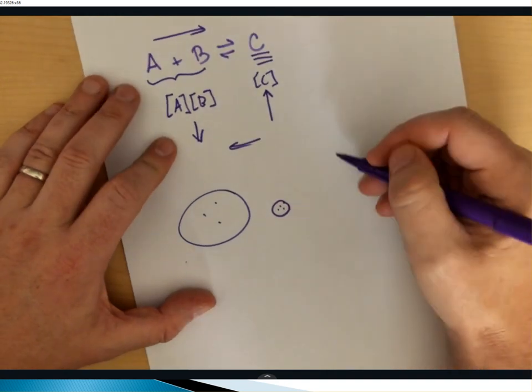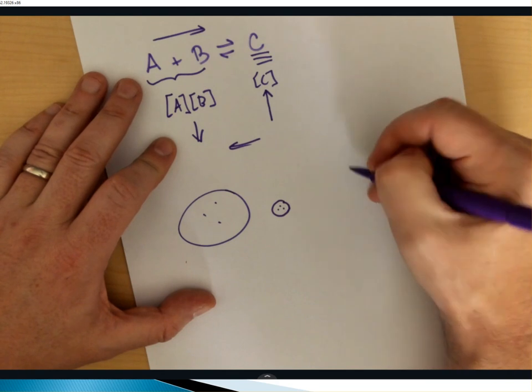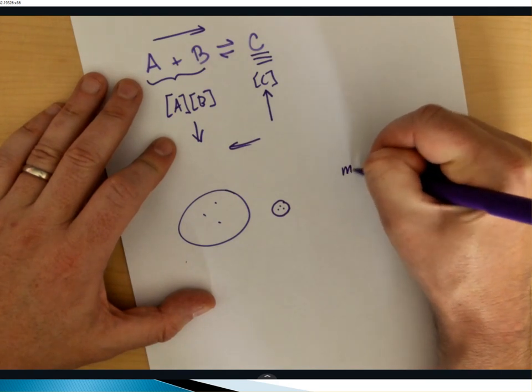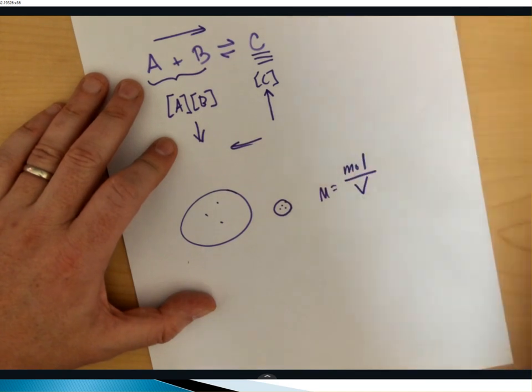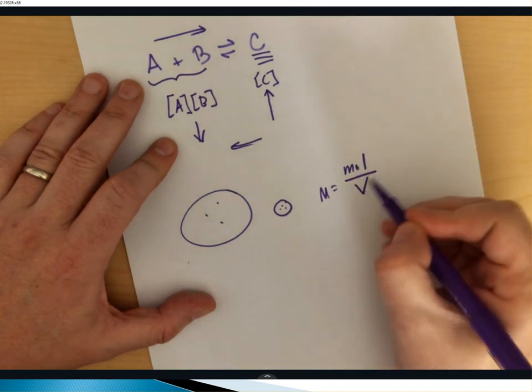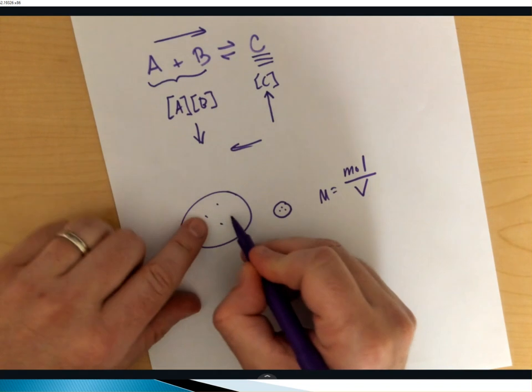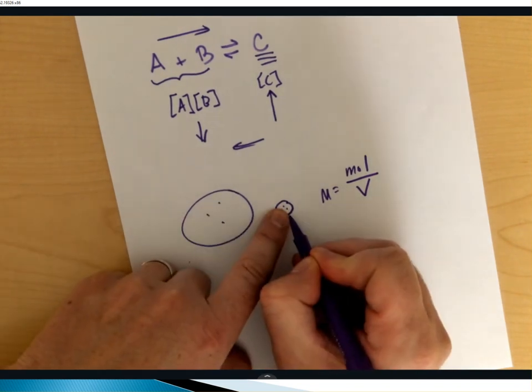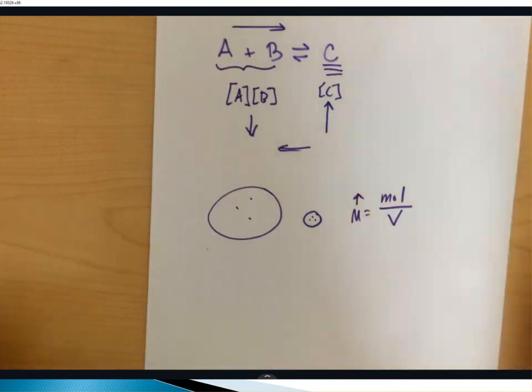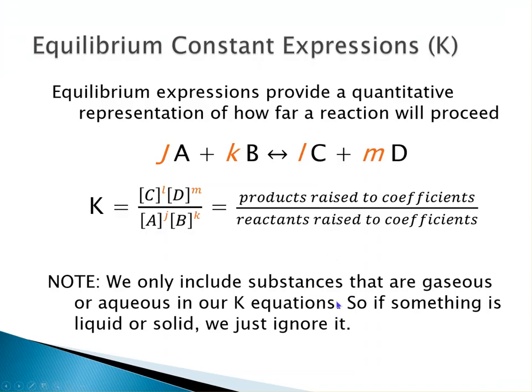Now remember, we calculate concentration by, in this case, the moles of gas divided by the volume of the whole system. Since in each case we have 3 particles, but here we have a greater volume, that means that would increase. All right, so let's go back here to our discussion and see what that looks like.